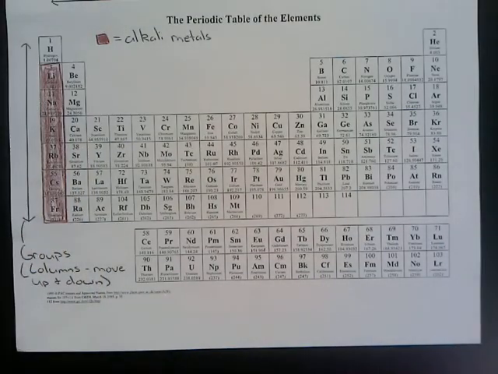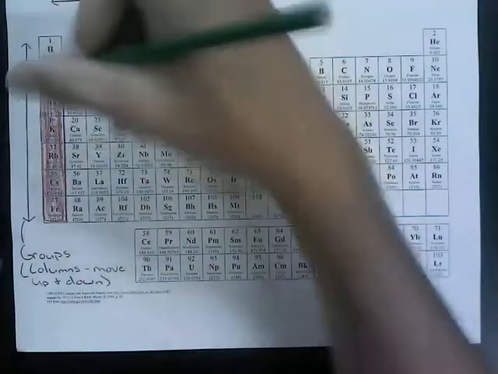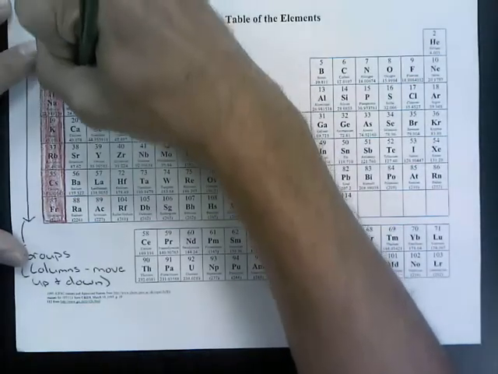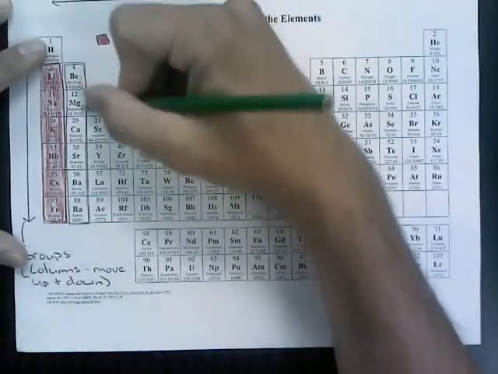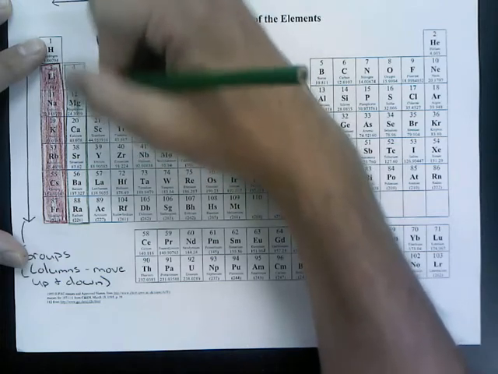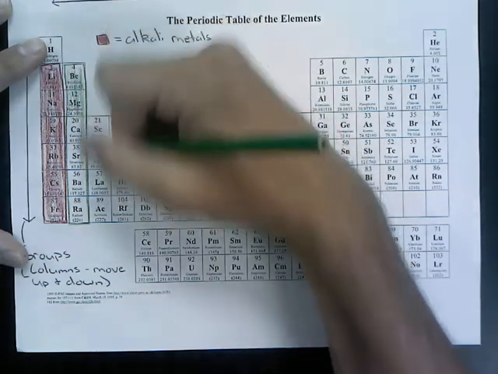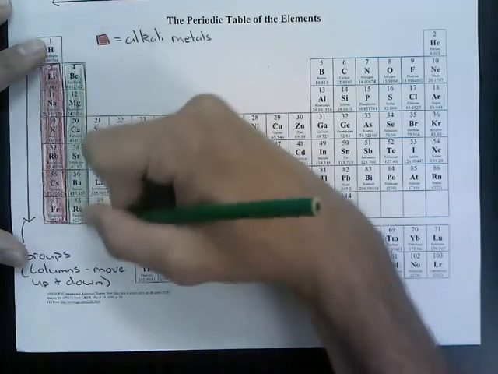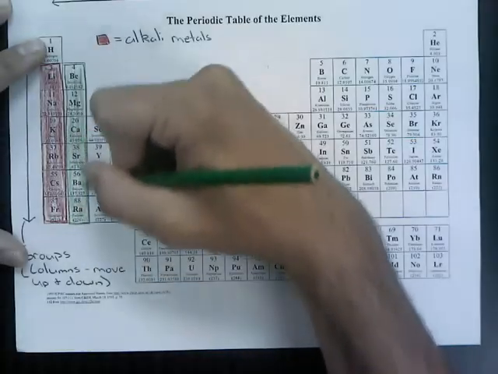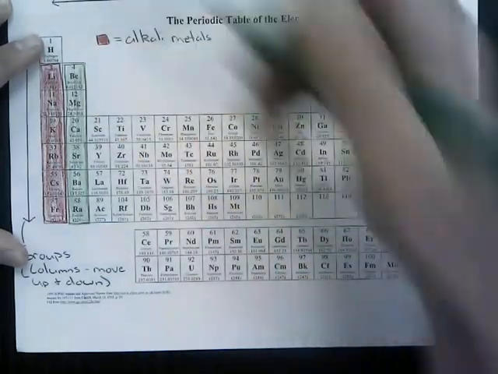Now, if we go one group to the right, I'm going to color this in green. This green group here that I will shade in is known as the alkaline earth metals. So every group 2 element, the thing I'm shading in green, is known as the alkaline earth metals.